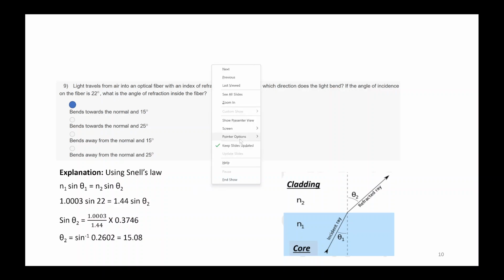So we can see that this is how it will look like. If this is the inside of the optical fiber and this light is traveling from air into optical fiber, so if we consider it air and this one optical fiber, then it will hit at a particular angle.